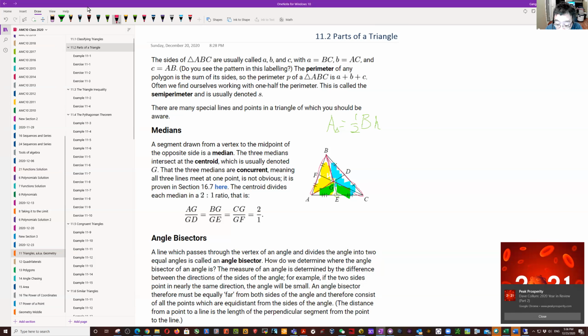Those two have the same area, and they also divide into the same area. So all four of those have the same area.